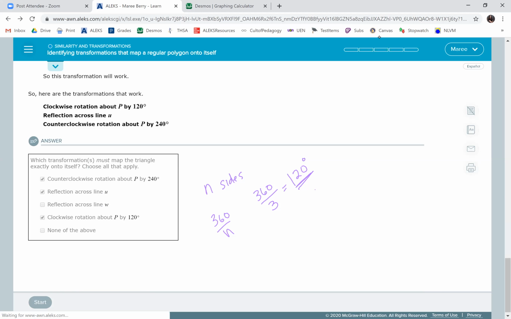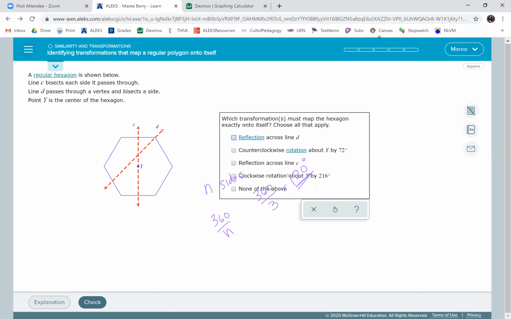So let's do an example. I'm going to erase this, and let me move what we wrote, n sides. Okay, we're going to divide first. This is a hexagon, so there's 6 sides.